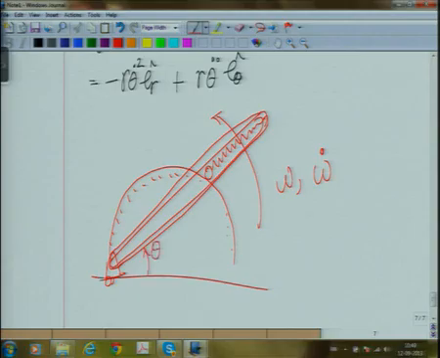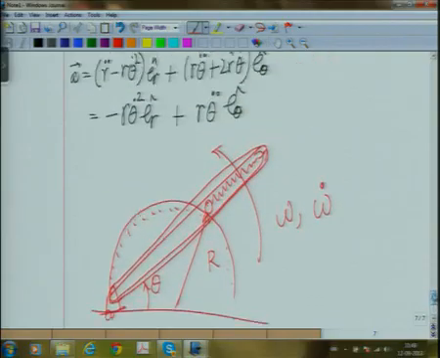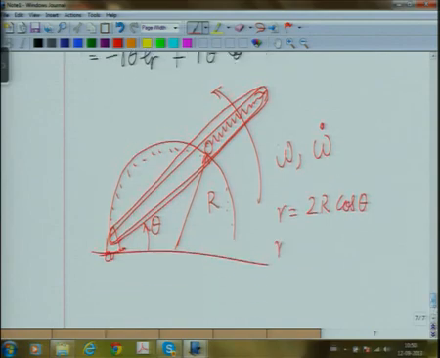If this is theta and this radius is r, then the first thing I would do in this problem is to work out small r is equal to 2r cos theta. This I will get from geometry. Then r dot is equal to minus 2r sin theta theta dot.